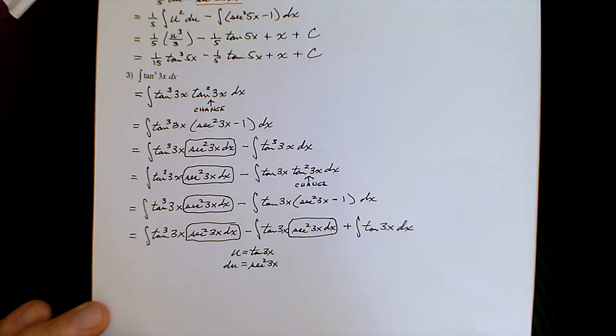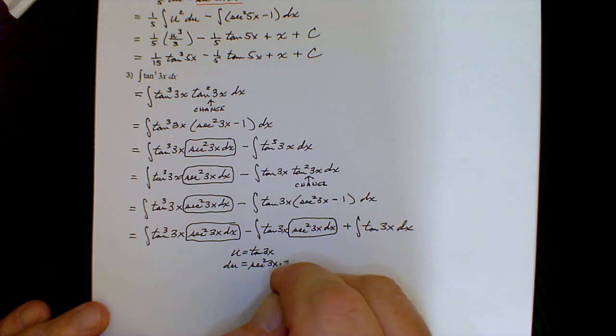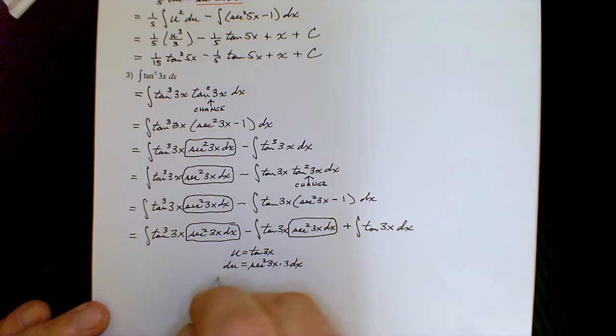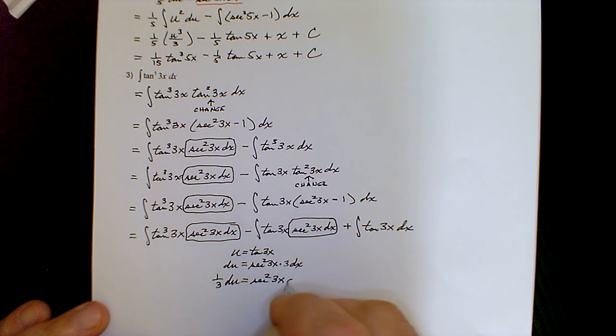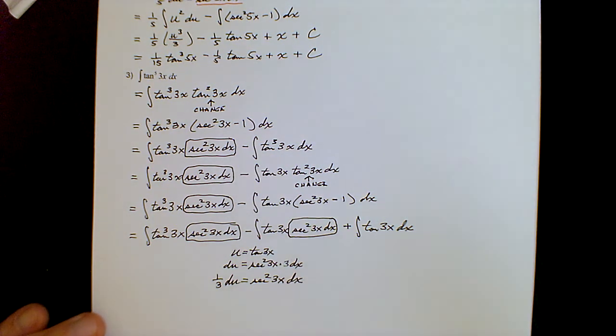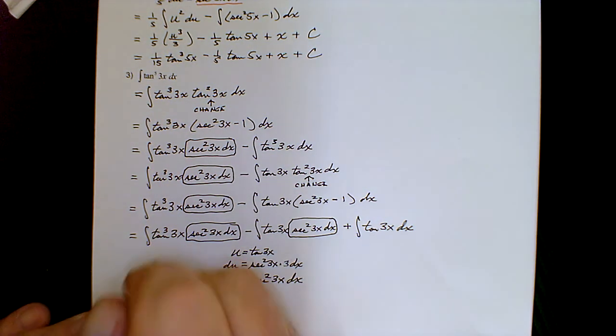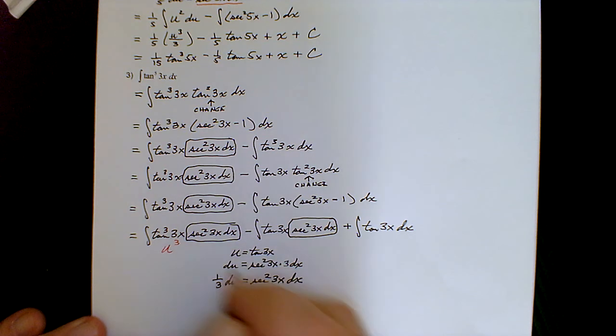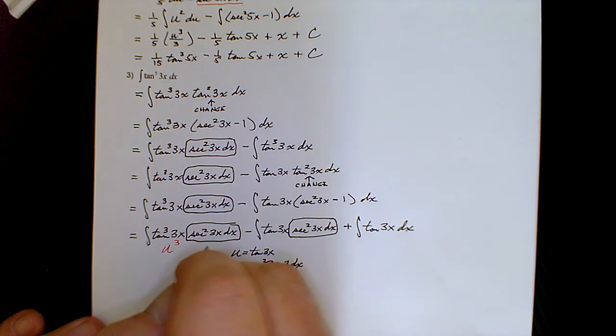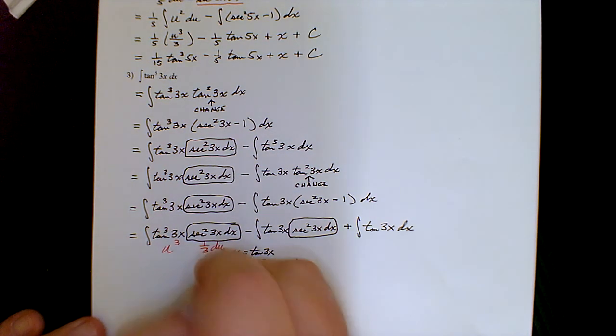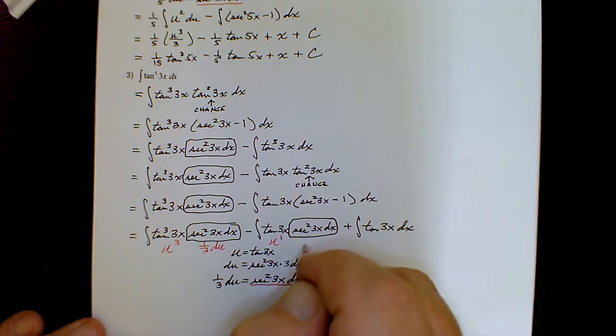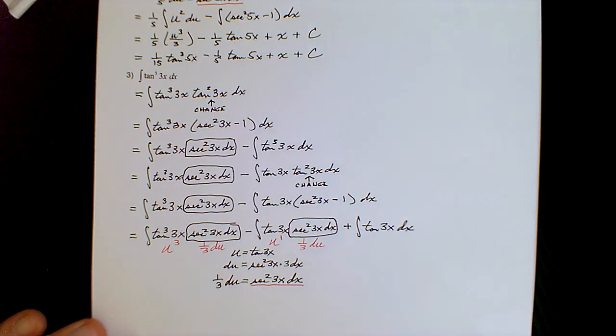So 1/3 du is secant squared 3x dx. Okay, so now for these integrals, this represents u cubed, secant squared 3x dx, 1/3 du. Here's u to the first, and 1/3 du. And then the final integral is just fitting the form for the integral of tangent of kx, as we had done before.